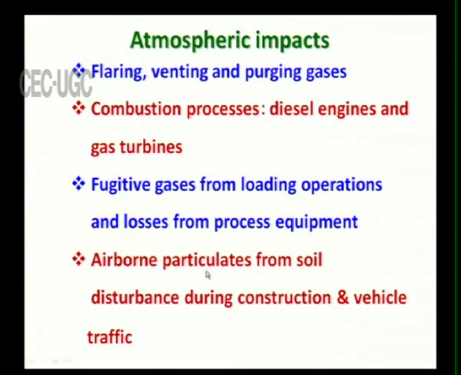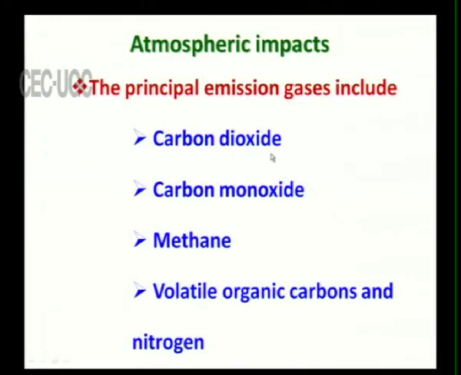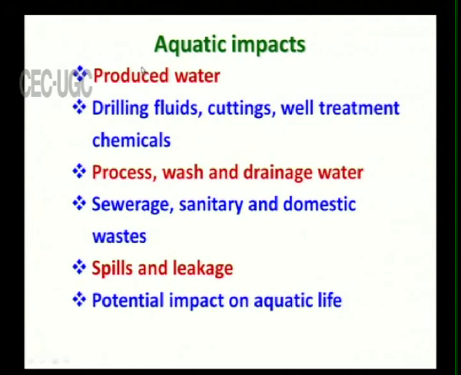So the particulate matter, the dust or the waste material, is suspended in the air, and that is generally creating the greenhouse effect also, and reducing the light visibility also. And these are the various major gases: carbon dioxide, monoxide, methane and a lot of volatile organic carbons and nitrogen, and therefore in all these ways the atmosphere is impacted. And then comes the aquatic impact.